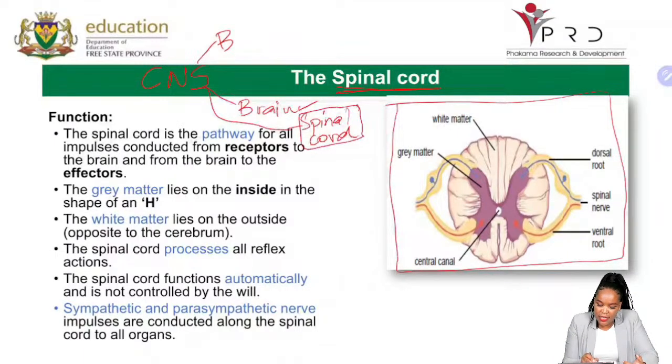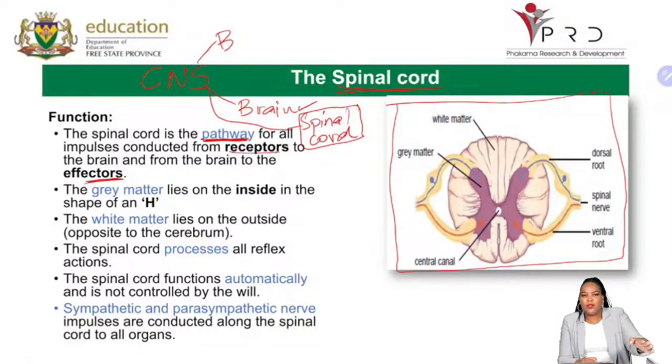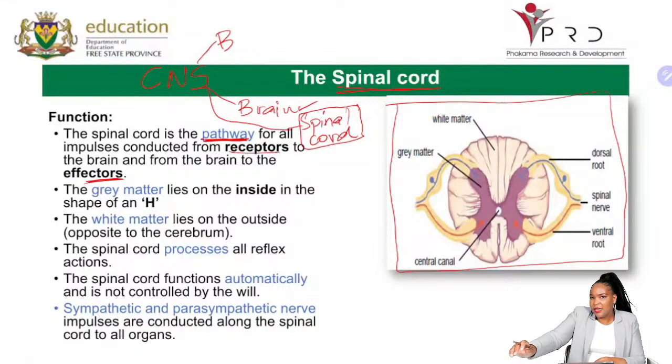The spinal cord is the pathway for all impulses conducted from the receptors to the brain and from the brain to the effectors. So everything that comes through the receptors is going to pass through the spinal cord to the brain, and then from the spinal cord to the effectors.